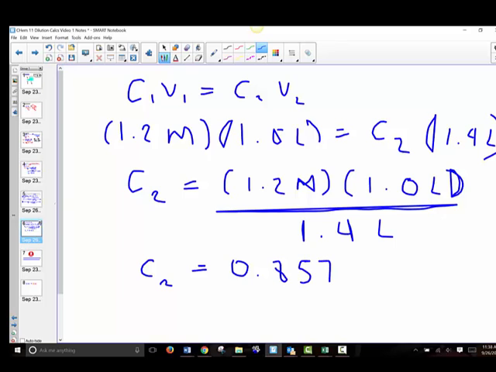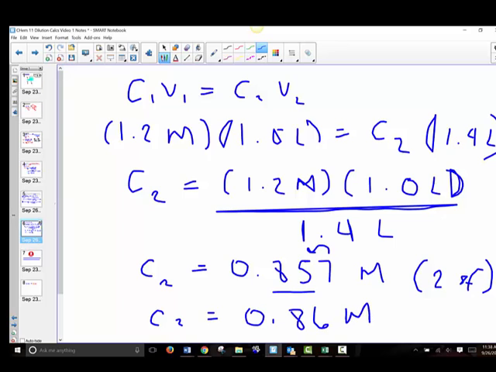But before I report that answer, I'm always looking at my sig figs. And if you look at the three numbers that we use to calculate this, they all have two significant figures. So I need to make sure that I have two sig figs in my answer as well. And 2 sig figs will take me to the second digit, the 100th place. So I'm going to round that 5 up to a 6. So C2 is equal to 0.86 moles per liter, and that is my final concentration after I've diluted it.